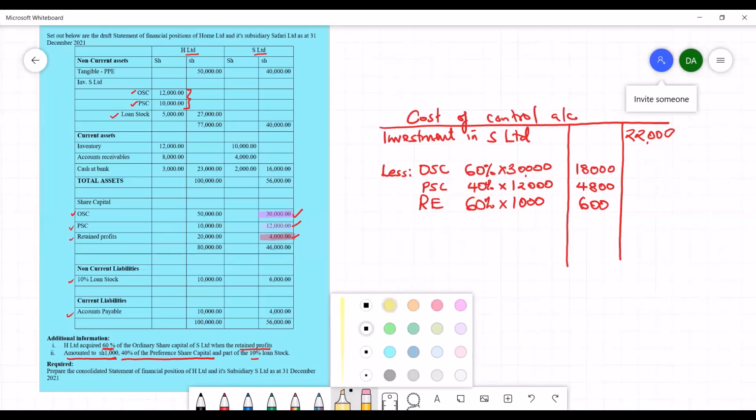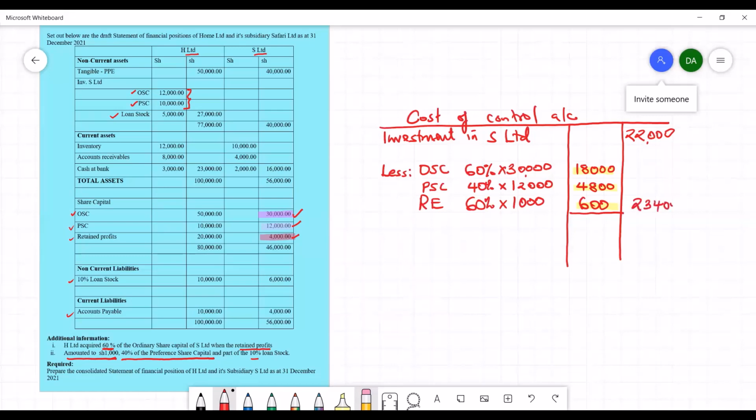That is 18,000 plus 4,800 plus 600, so that we determine the total shareholders fund that was acquired on the date of acquisition. That will give us a total of 23,400. That is the total of the three.